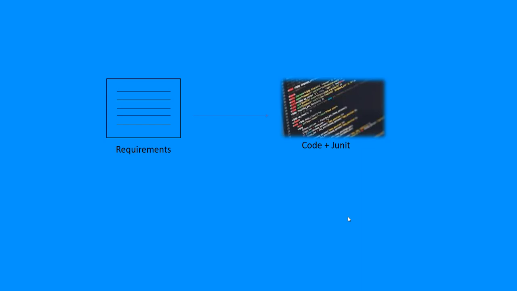In other words, if there are requirements and we are writing code, then ideally we should be writing the code plus its JUnit.